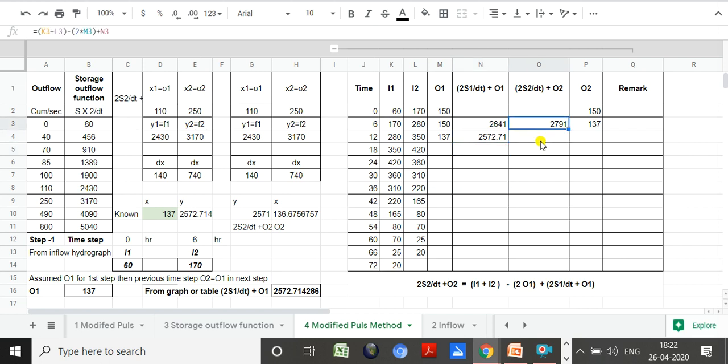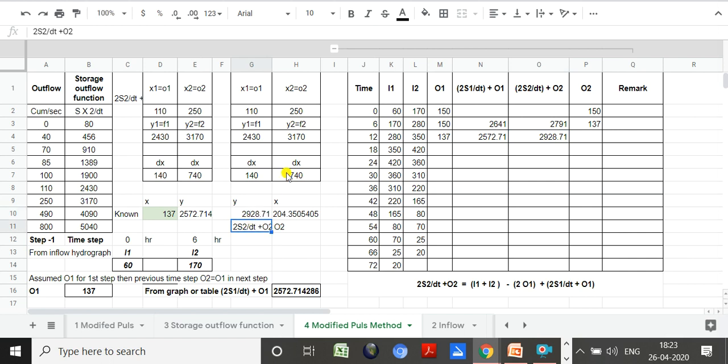Here you can calculate the corresponding value of the storage outflow function. My storage outflow function, 2S2 by dt plus O2, is 2928.